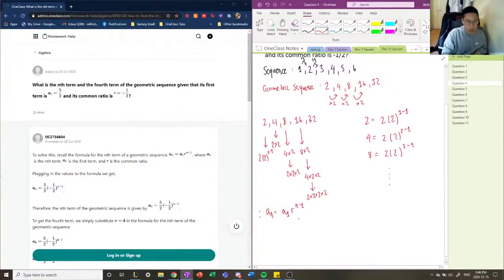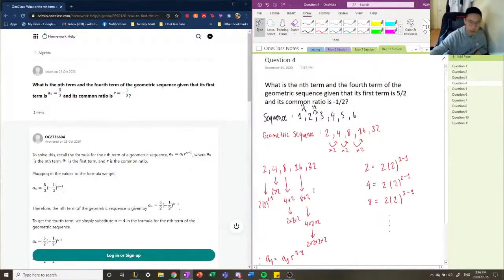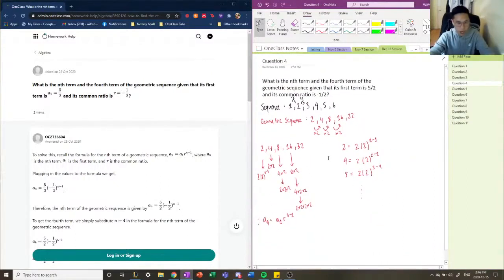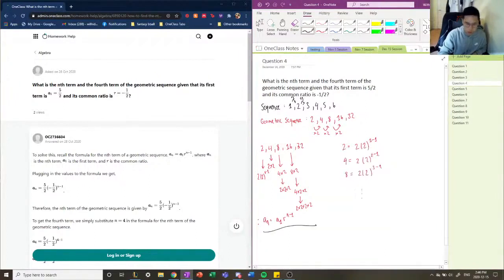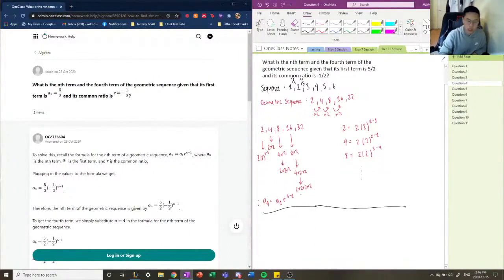All right. So in this question specifically, they're asking us to find the nth term and the fourth term of a geometric sequence with the first term of 5 over 2 and the common ratio of negative 1 over 2. Okay, so if we were to calculate this, we know that a1 is equal to 5 over 2, and we know our common ratio is negative 1/2.